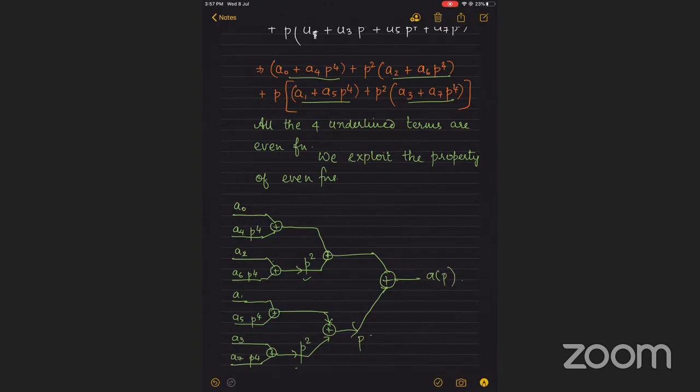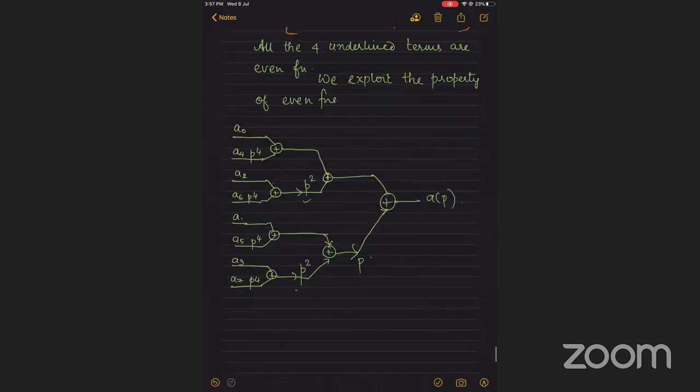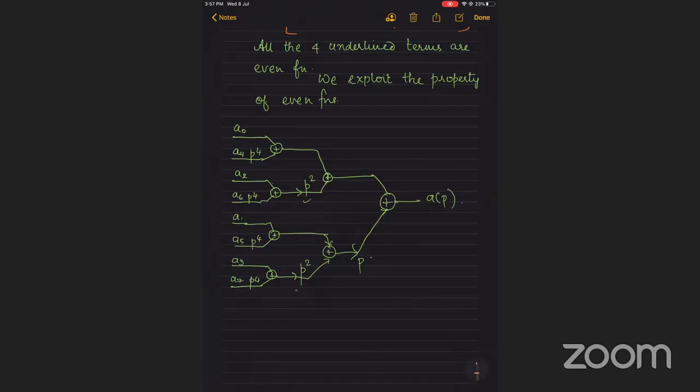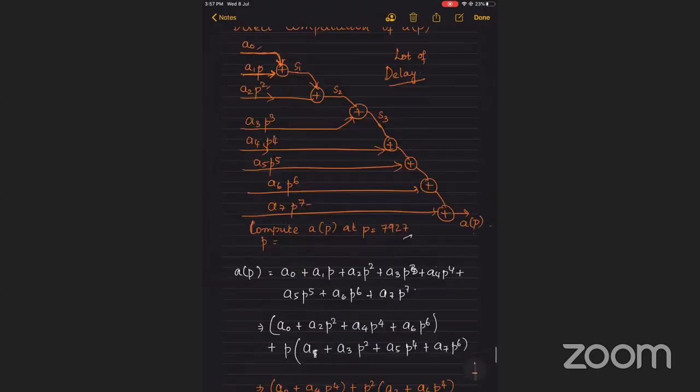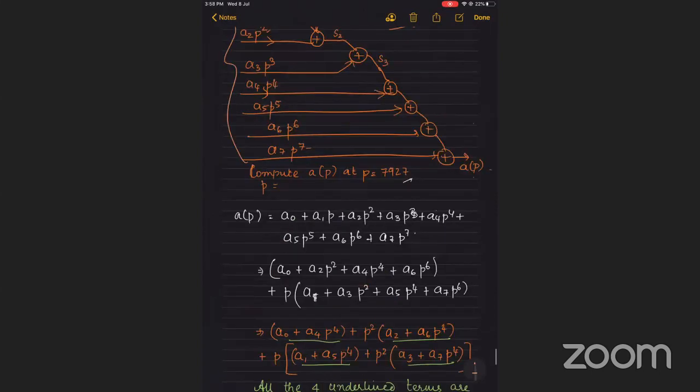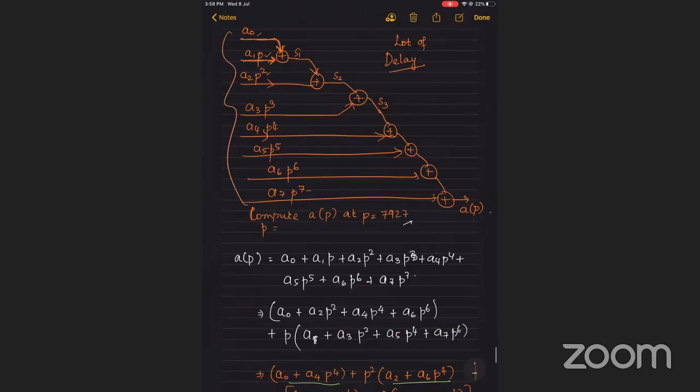Now, what is the advantage of doing this? Oh, this is easy. You look at this, and look at this one. In this case, at every time your power of P keeps increasing, so you have to do that much computation every time.